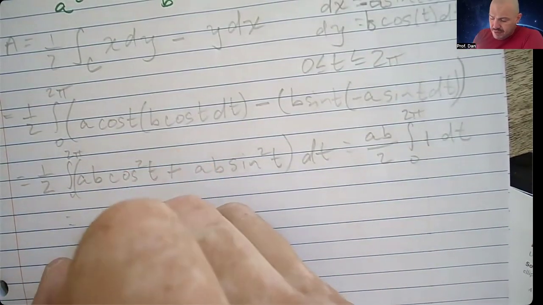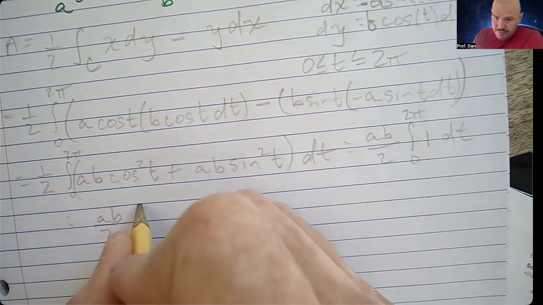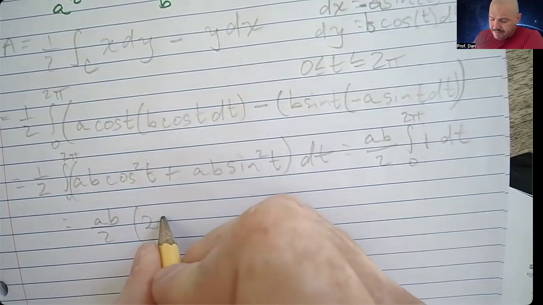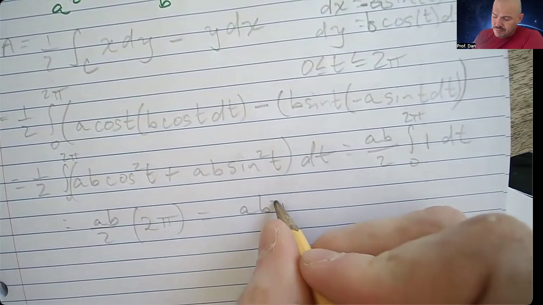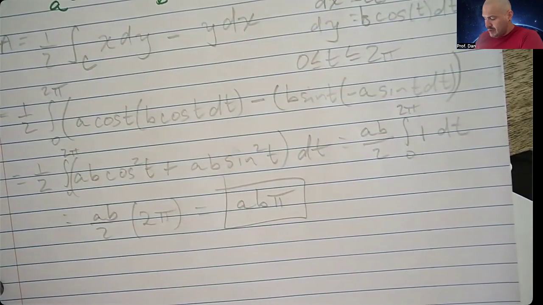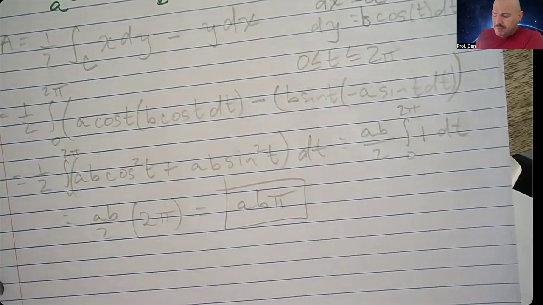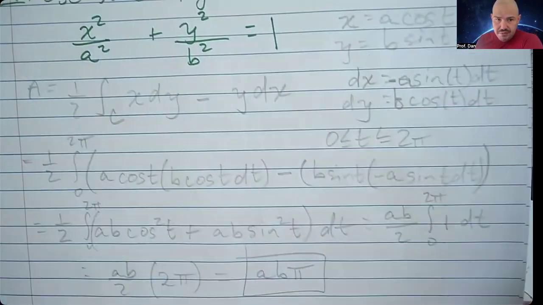Meaning that I'm going to get ab over 2 multiplied by 2 pi. In other words, ab pi. So ab pi would be the area of the region enclosed by that ellipse.